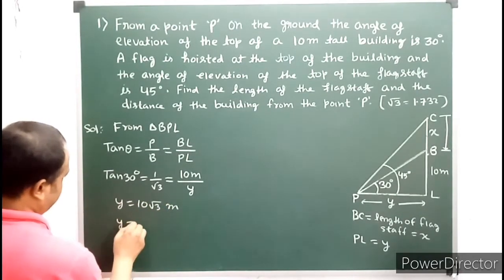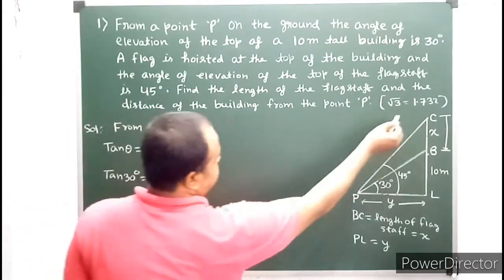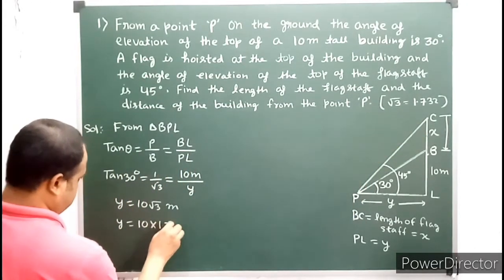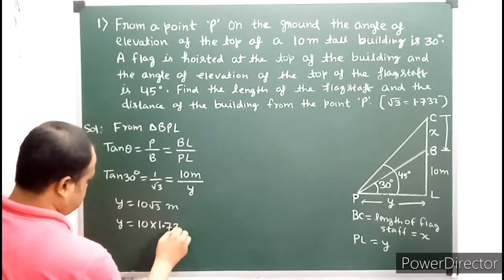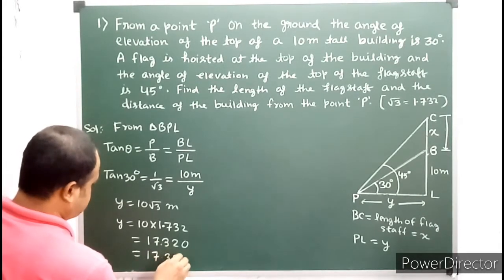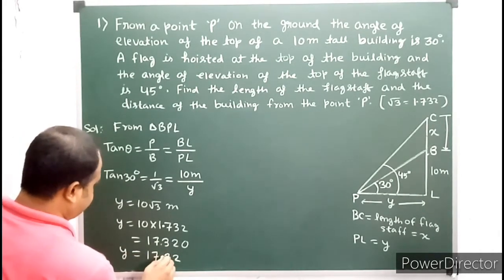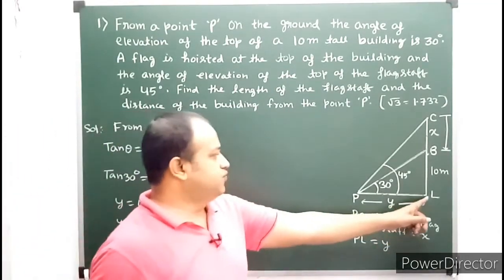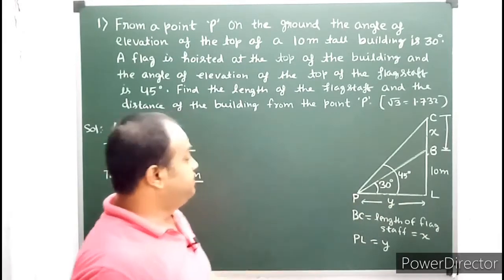If you put the value of root 3 as 1.732, we get 17.32 meters. This is the distance of the foot of the building from the point P.